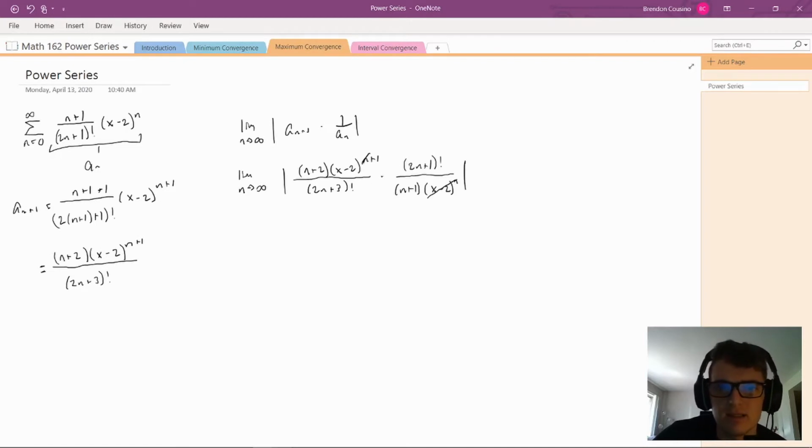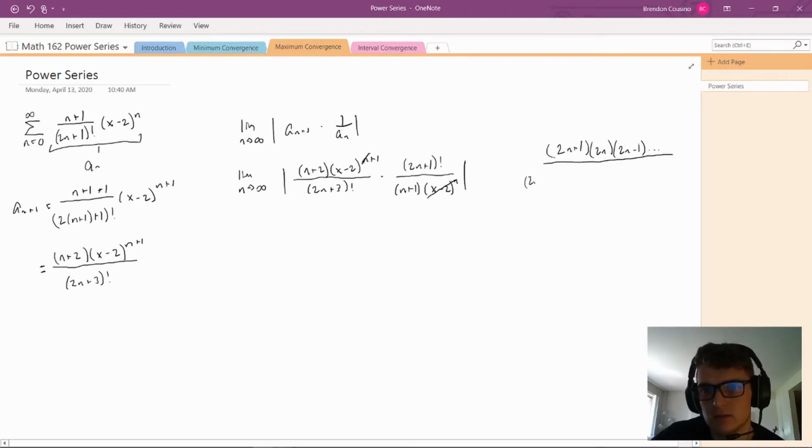Okay, and then let's look at these factorials, maybe a little more in depth. The 2n plus 1 factorial is 2n plus 1 multiplied by 2n multiplied by 2n minus 1, and then dot dot dot. And the denominator factorial, the 2n plus 3 factorial, is 2n plus 3 times 2n plus 2 times 2n plus 1.